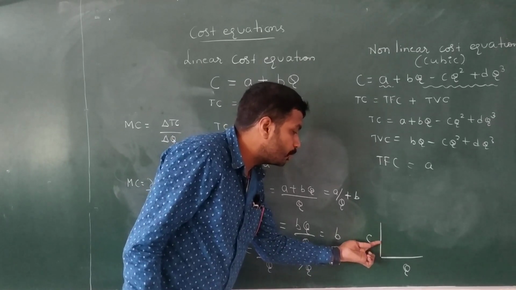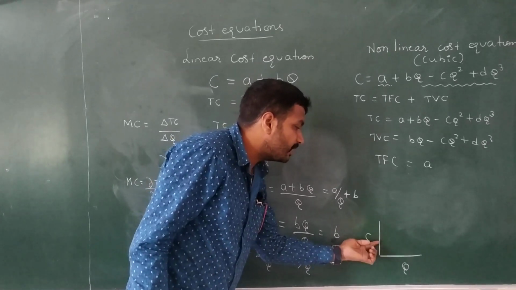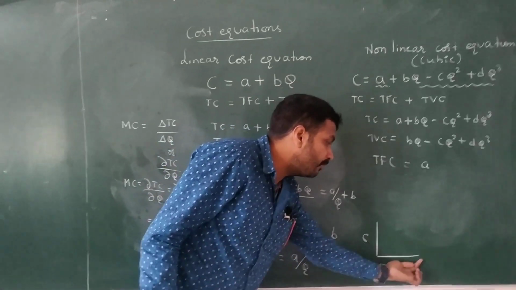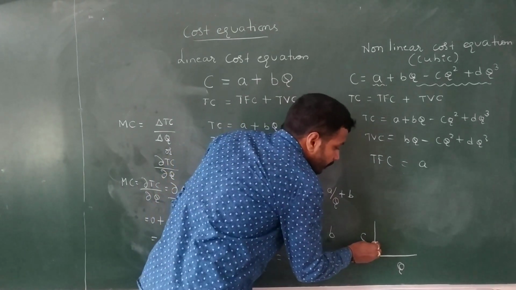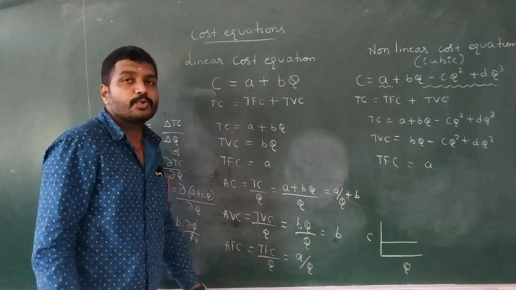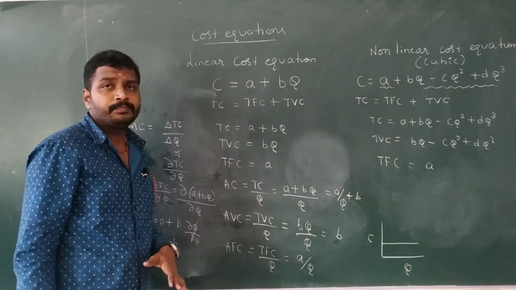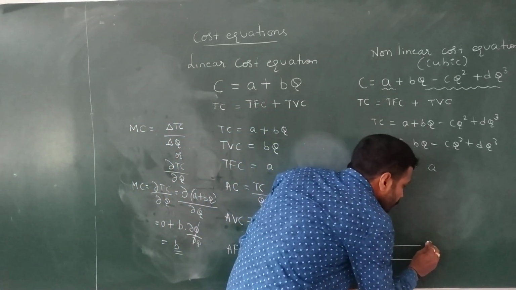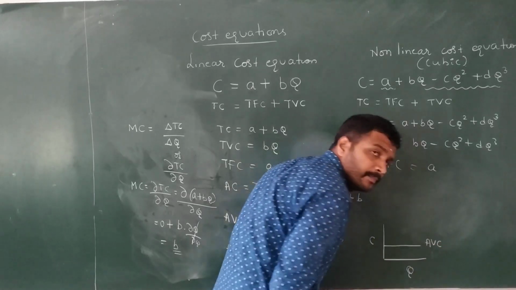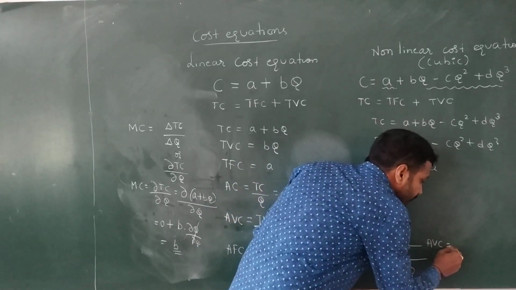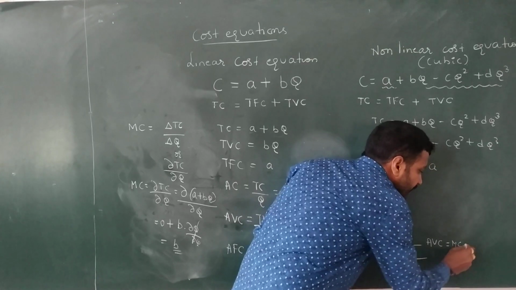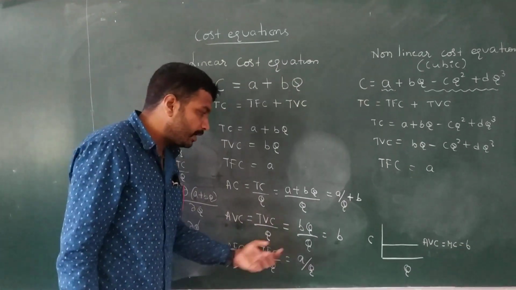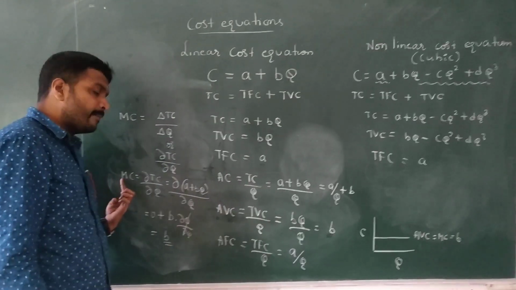Such that it used to be a constant figure across any values of Q, such that it becomes horizontal, or parallel to output axis or x-axis. This used to be the shape of AVC, and this will be equal to MC, a constant value, that is B, such that we have plotted both AVC and MC.